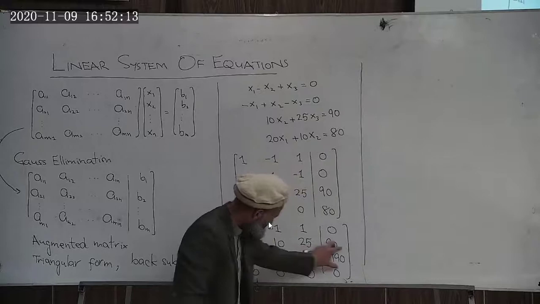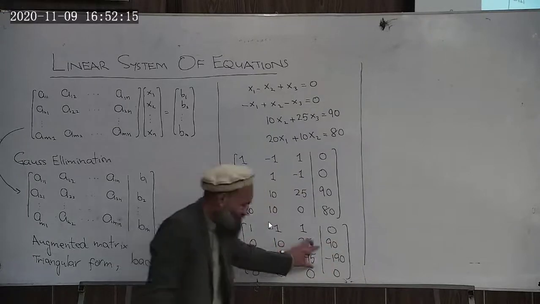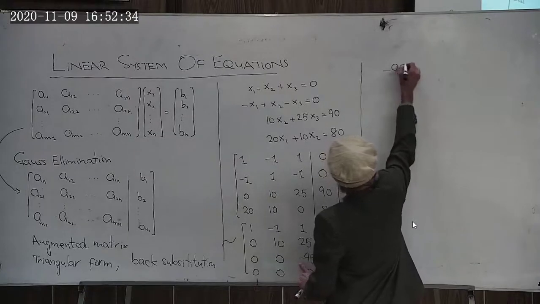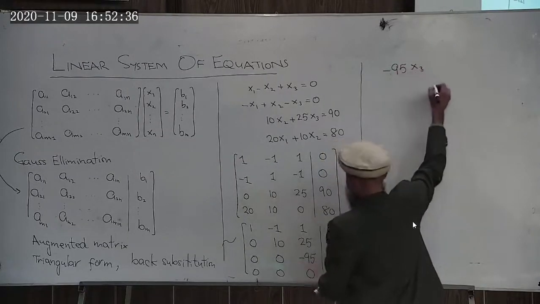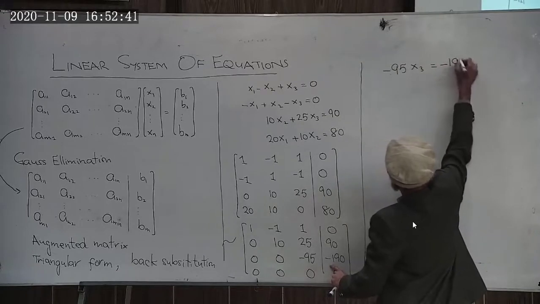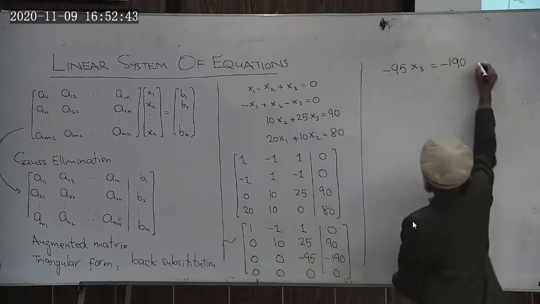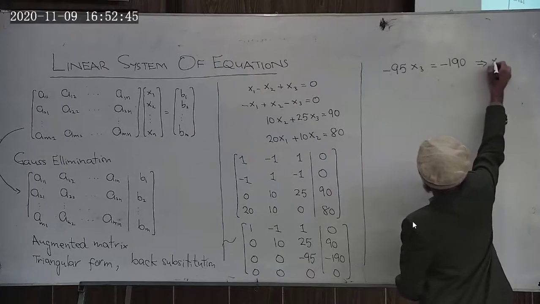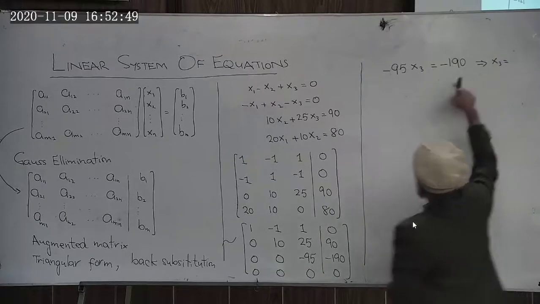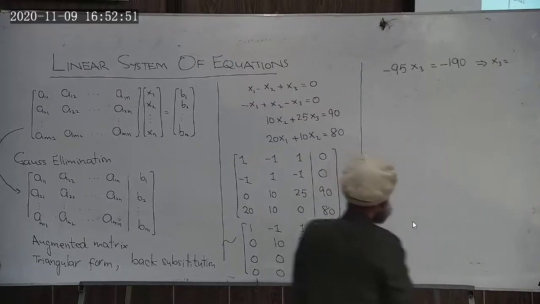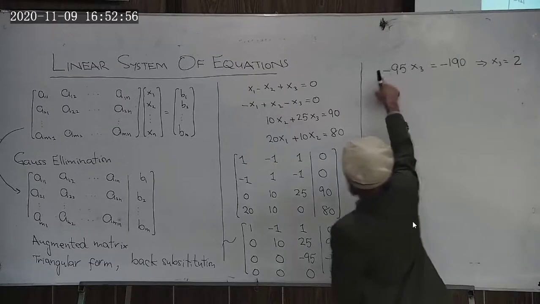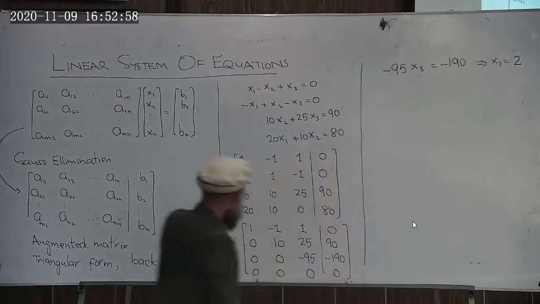From this third row, we can construct the equation minus 95 x3 is equal to minus 190, and from here x3 comes out to be 190 divided by 95, which is equal to 2. This negative sign is cancelled out with this negative sign.